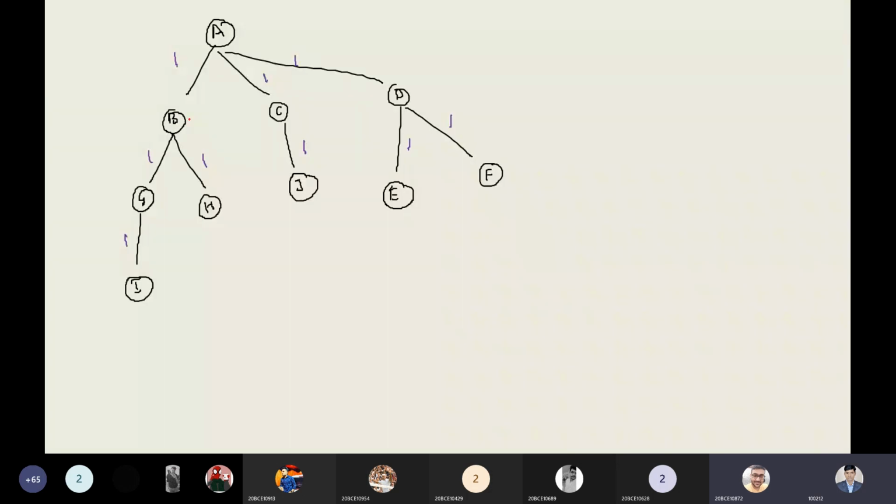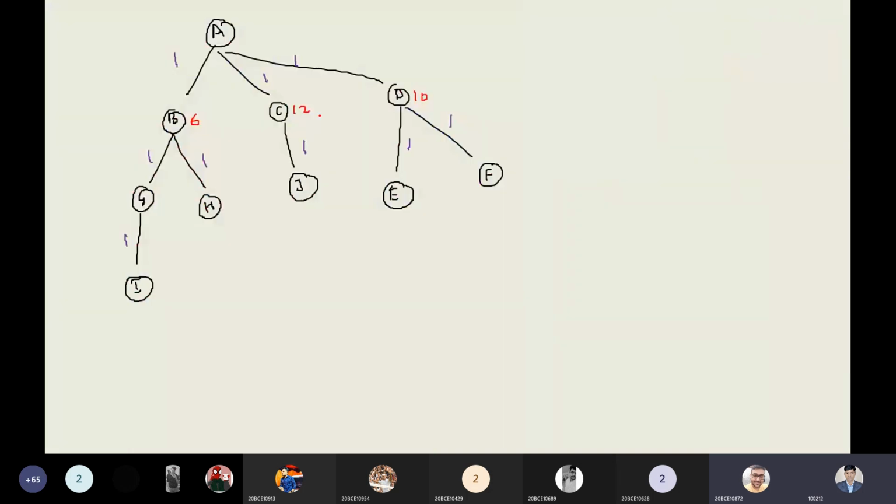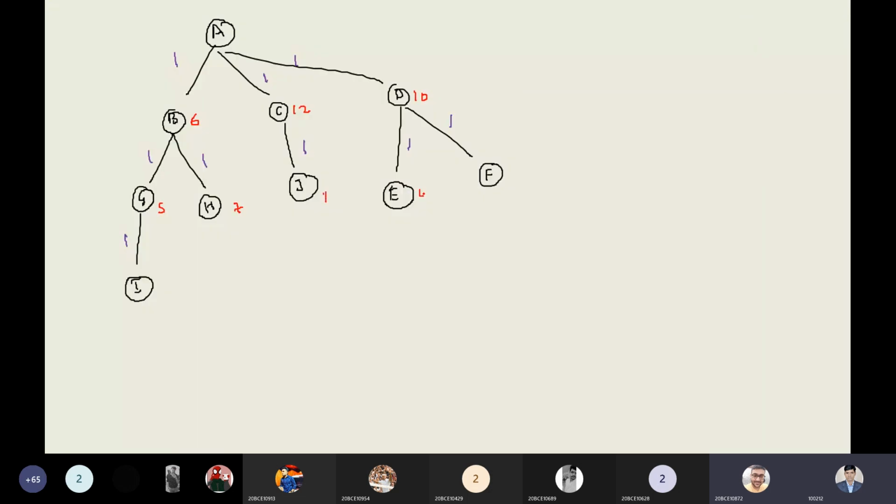So here this would be 6, 12, and 10. What are the others? 5, 7, 1, 4, 4. And at the last, I will just have the 1.